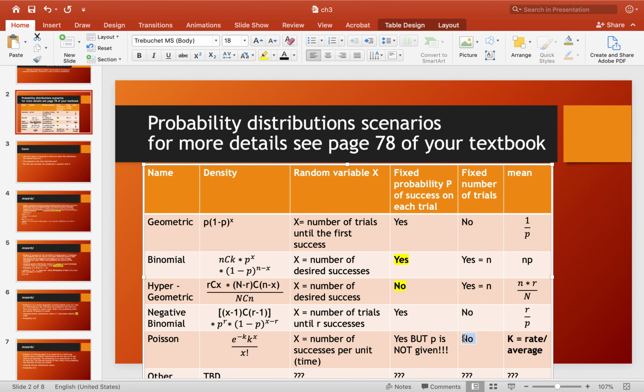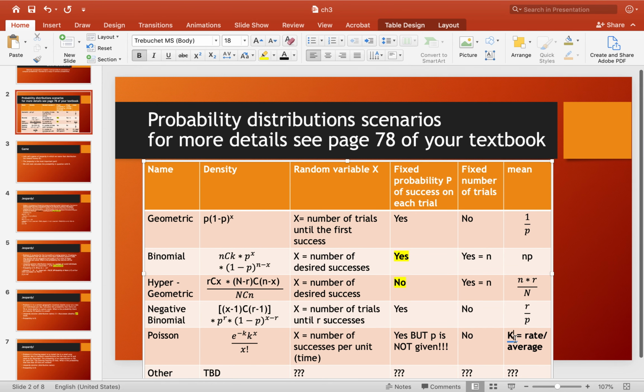Like, could there be 100? Could there be 1,000? Can there be an unlimited number of deaths in a certain area? Well, quite possibly, but it is limited by the number of individuals. But the number of individuals living in this area is random, right? So the Poisson seems like a good option.